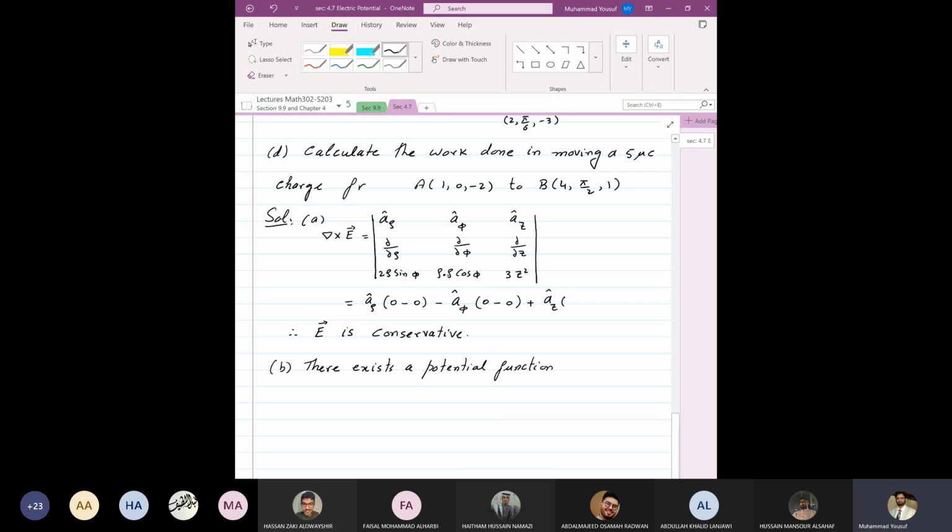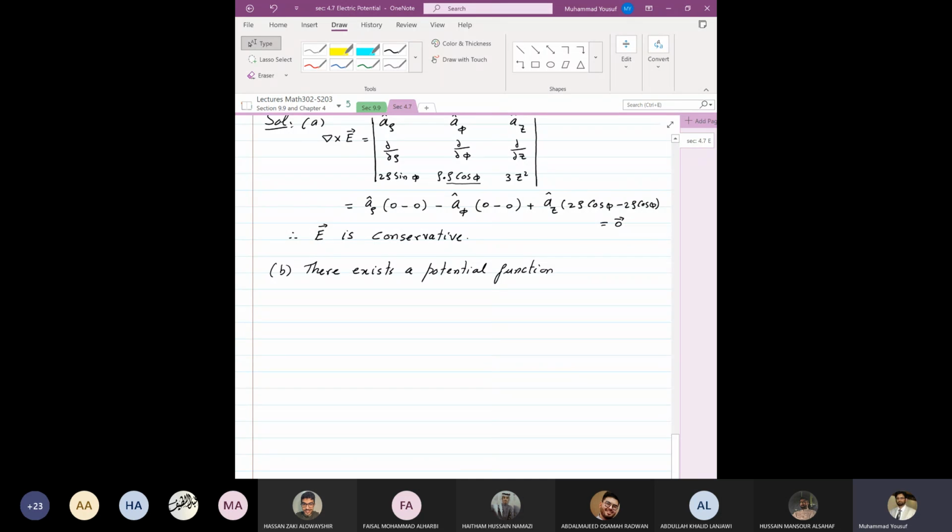And when we have another row with this, then the phi component: the derivative of rho squared with respect to rho is 2 rho cosine phi, minus the derivative of 2 rho sine phi with respect to phi, which is also 2 rho cosine phi. So this is equal to the 0 vector. Thank you. I just overlooked this and moved quickly.